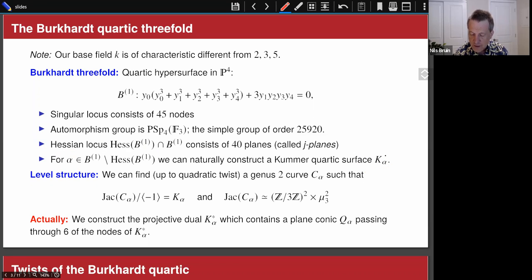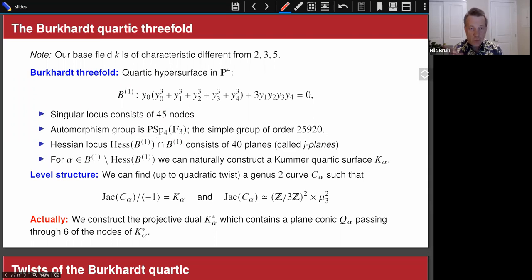And you can actually find a genus 2 curve such that the Jacobian of that curve has that Kummer surface, and furthermore that Jacobian has a prescribed 3-torsion structure. That's basically the reason why there's this big automorphism group here.